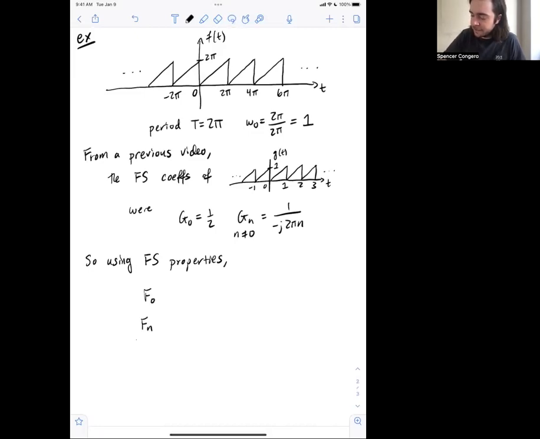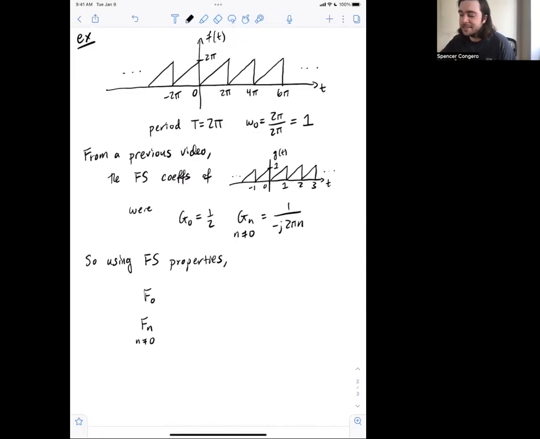It's really simple. We want f sub 0 and f sub n, the Fourier series coefficients of f. And what happens when you time scale? Well, it was kind of a strange thing, but it turned out the Fourier series coefficients didn't change at all. The Fourier series coefficients actually stayed the same when you time scale. The thing that changed was the period and the fundamental frequency.